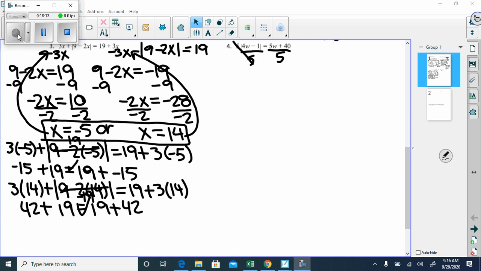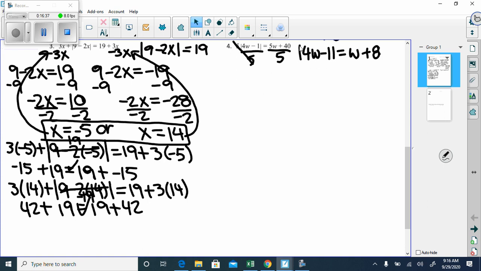Okay. So we did have to divide by 5. So now I'm going to have the absolute value of 4w minus 1. If I actually divide by 5, 5w divided by 5 leaves me with 1w. And 40 divided by 5 gives me 10.